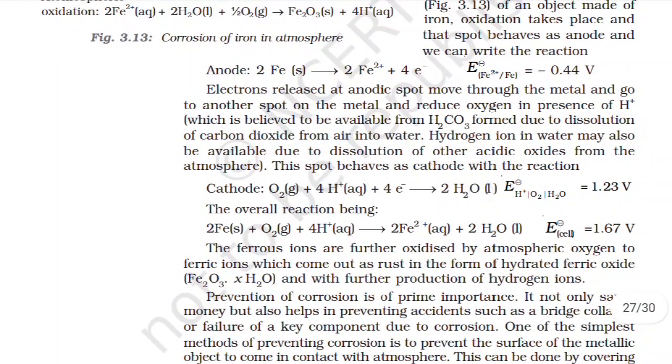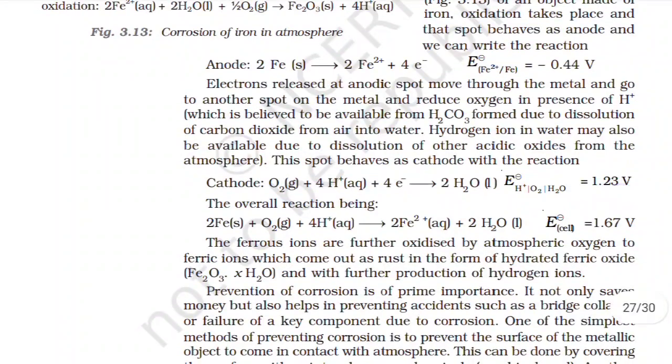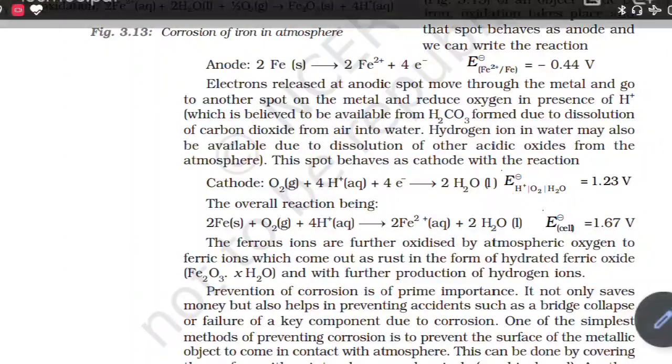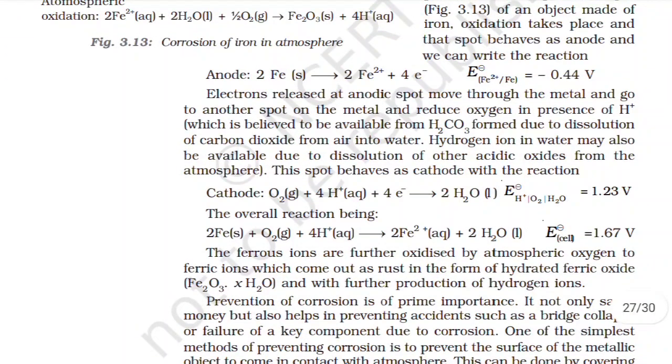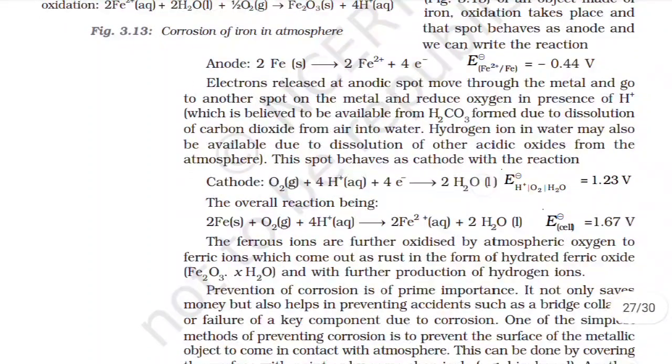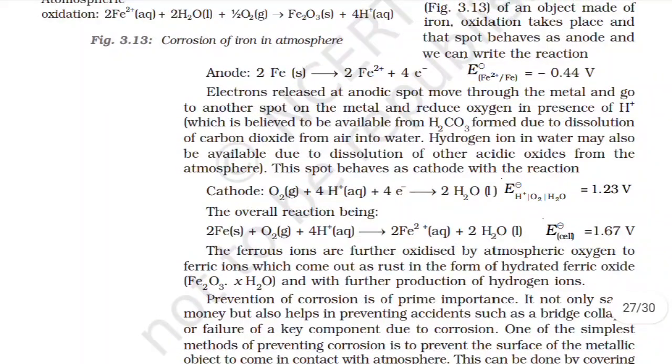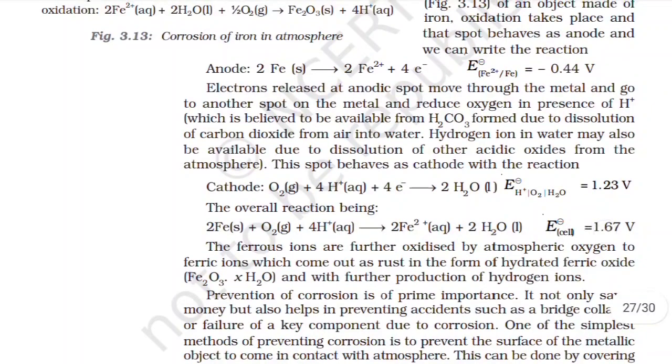For this also the reduction potential value is given. So H plus becomes water, reduction potential value is given. Therefore 1.23 volts is passing in this. If you add this anode reaction and cathode reaction for the overall reaction, the 4 electrons will get cancelled. So the overall reaction will come like this.